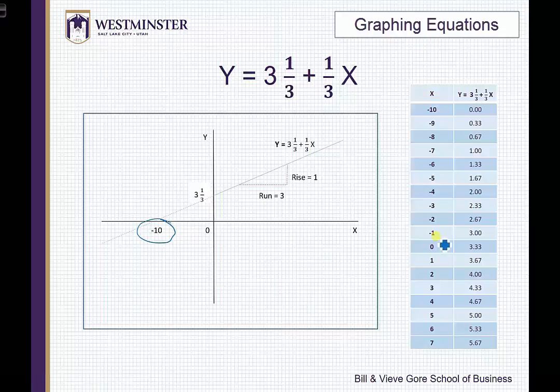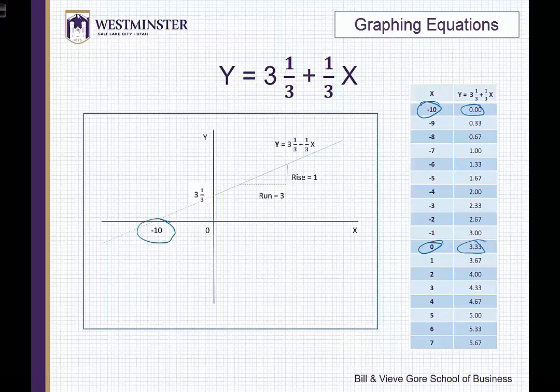I've taken it to the point of x equal to 0, and then y is equal to 3 1/3, and then beyond. So I've given us the parameters of our axis intercepts where we see the corresponding values.